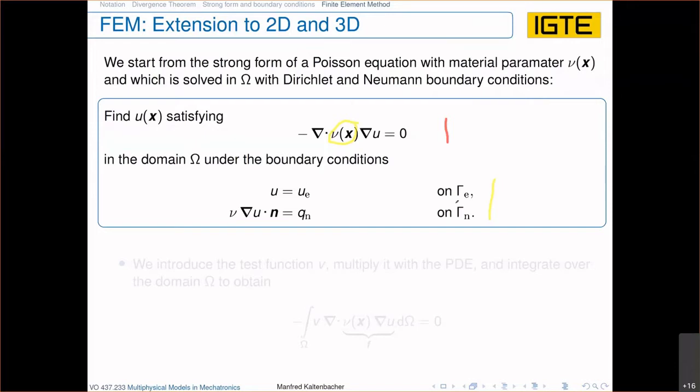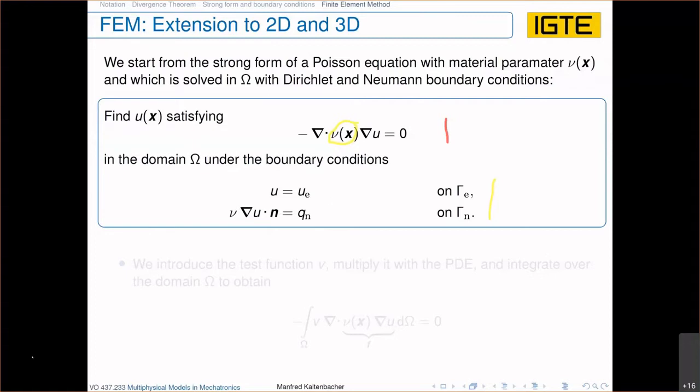On the other boundary, which is the natural boundary, or from the mathematical point of view the Neumann boundary condition, the flux, so the gradient of a scalar potential scaled with a material parameter in normal direction, is called the flux. So the flux is prescribed on this part.